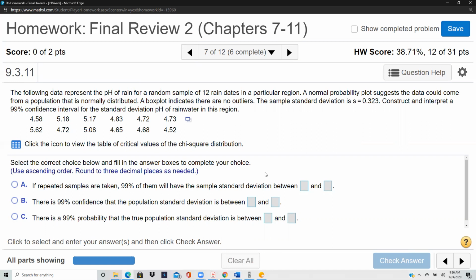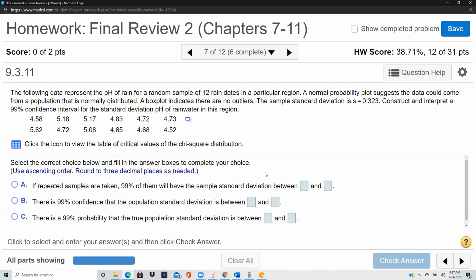And then it's talking about a normal probability.